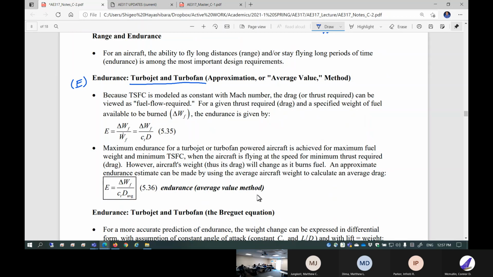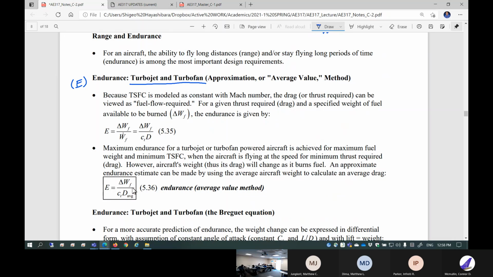In other words, when you talk about endurance, it's flying long time by consuming your fuel. That means your airplane's weight keeps changing. If your airplane's weight keeps changing, your drag also keeps changing. So you have to keep track of the change in drags and weight at the same time.